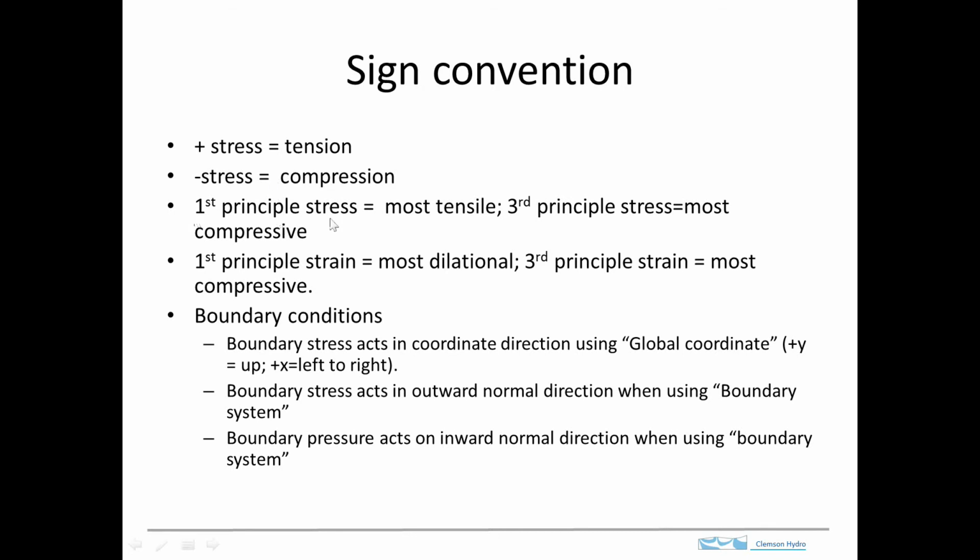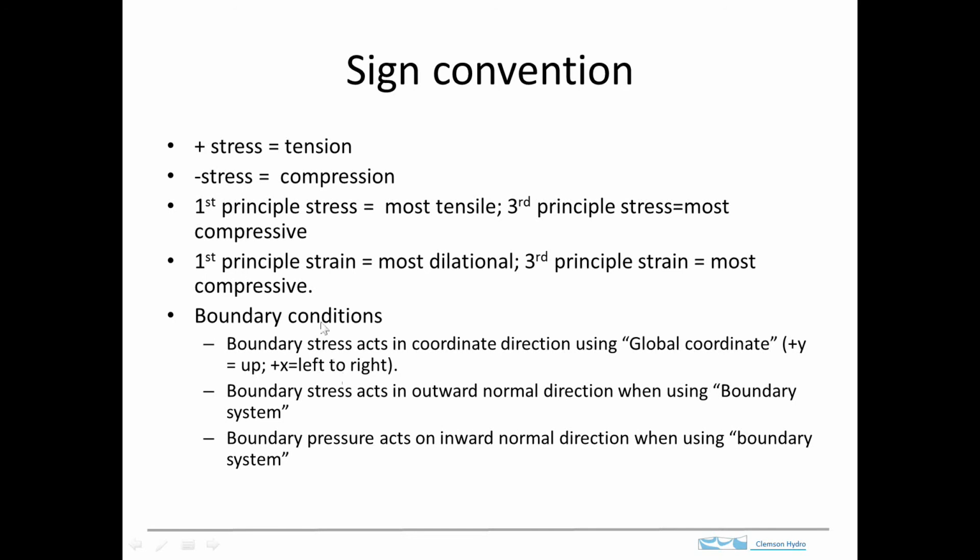So the first principal stress is the stress with the greatest positive value, and it is, as a result, the most tensile stress. The third principal stress is the most compressive, and the strains are similar.